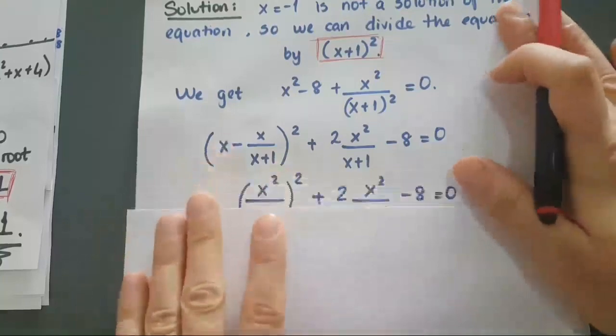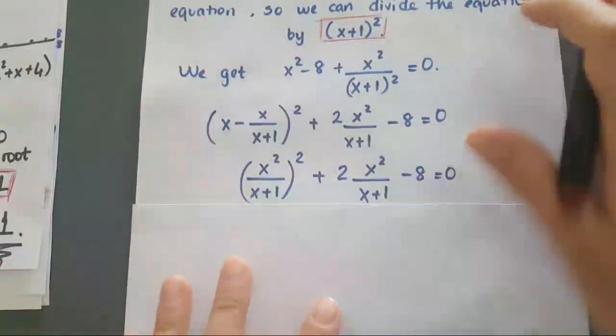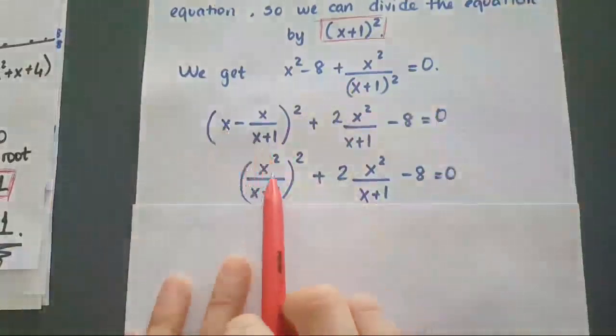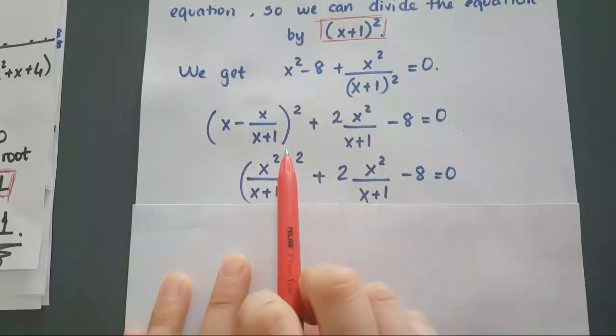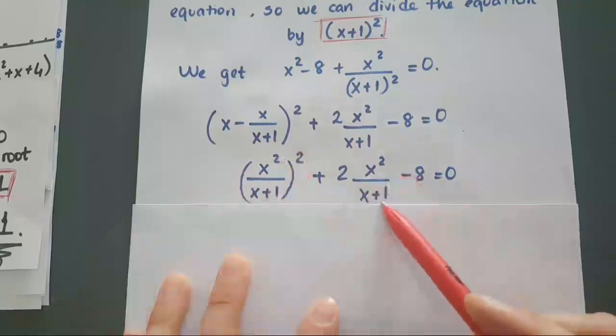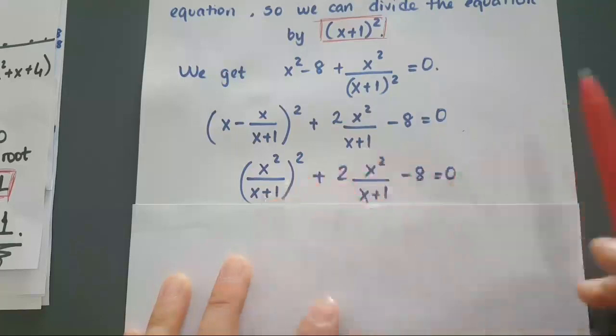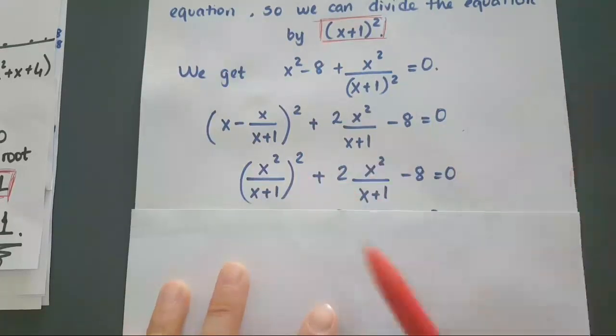Now let me simplify it. One more step we have. If I simplify the first one, I will get x squared over x plus 1 to the power of 2 plus 2 times x squared over x plus 1 minus 8 is 0. Now, does this look like a perfect square?